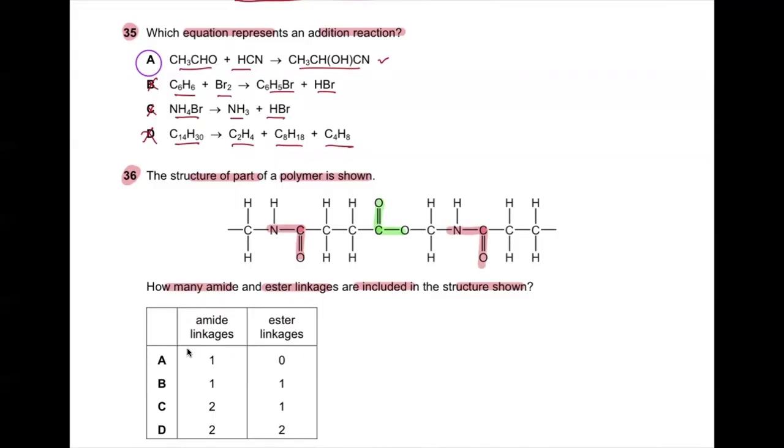So how many amide linkages are there? 2 and 1 ester linkage, right? So A, B, and D go wrong, and C is your correct answer.